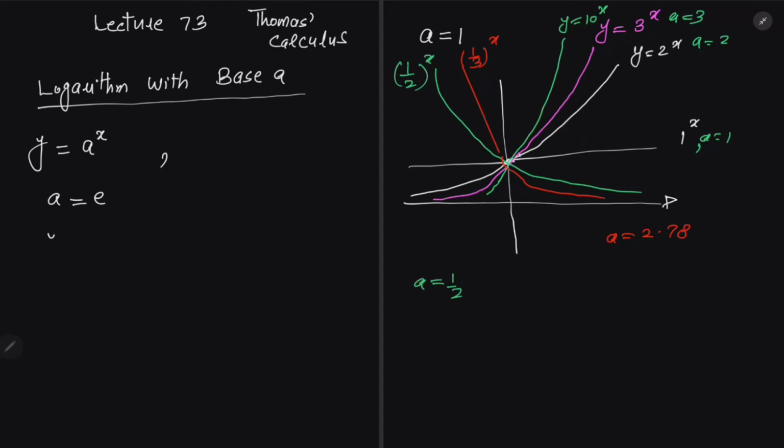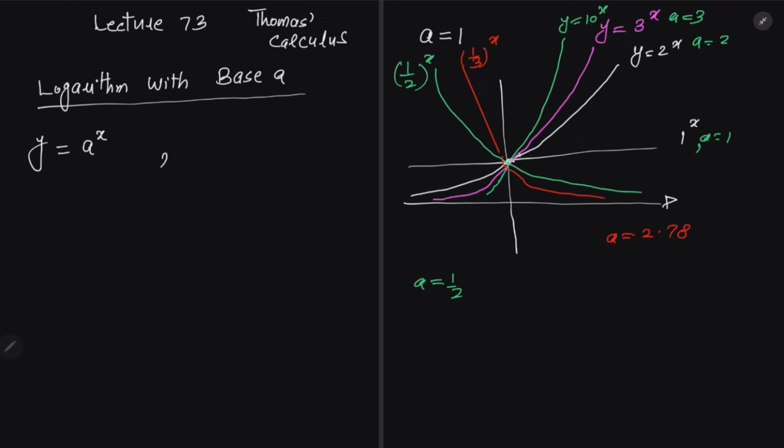So we have y is equal to e raised to power x, then we have log of x with base e, which was equal to natural log of x. That's how we did it. At that time, I did not write natural log as log of base e. So this was the main idea to find the inverse of a raised to power x.